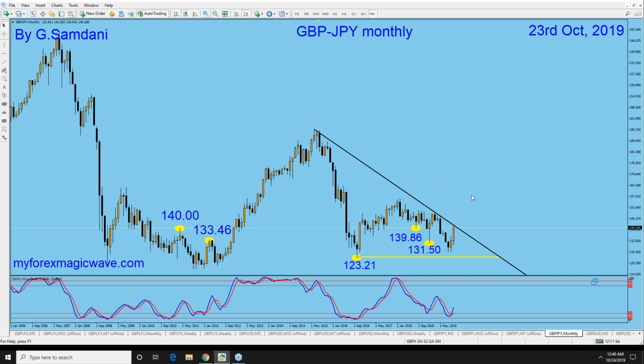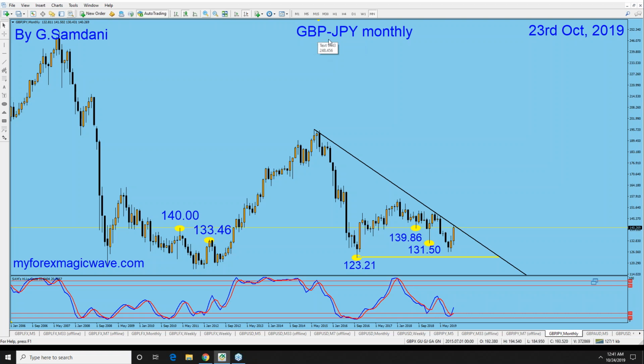So after that, what's going to happen and what is it doing now? If you pay attention, see this pound yen, right? Two currencies are involved. Now, in order for this pair to drop, one of the two conditions or both are required, which are pound weakness or yen strength. Right now we are just the opposite.